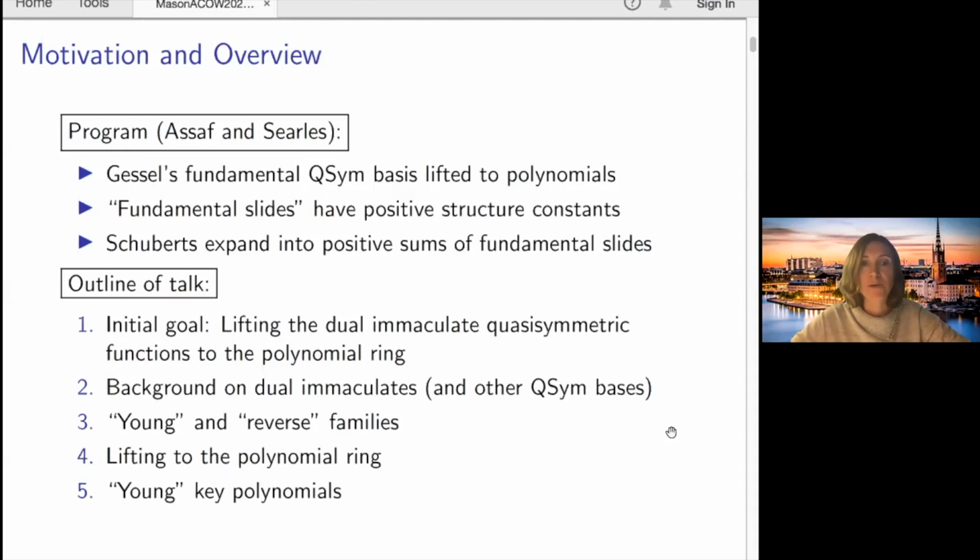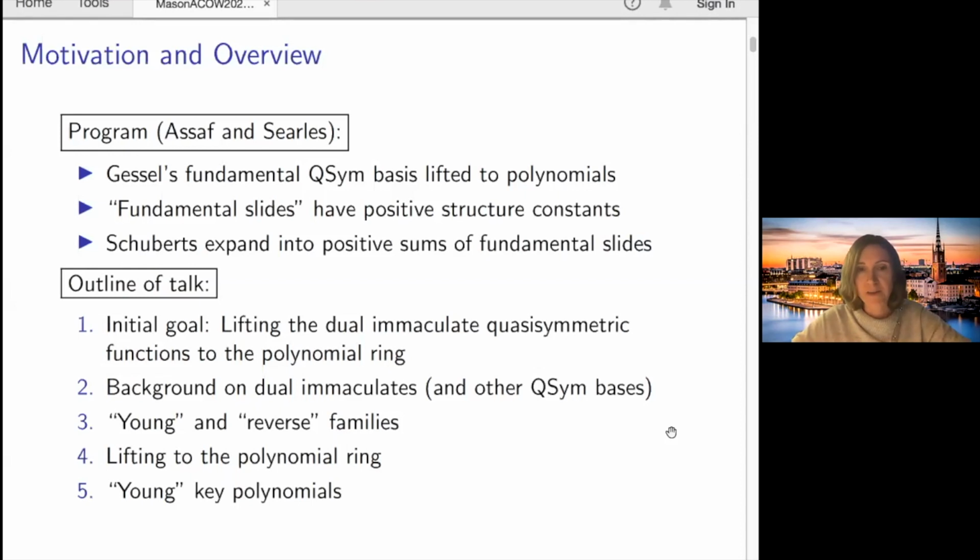And in fact, Schubert polynomials expand into positive sums of fundamental slides. They also have produced some other really nice results, lifting a number of other QSym bases as well. So our initial goal began with lifting the dual immaculate quasi-symmetric functions up to the polynomial ring.